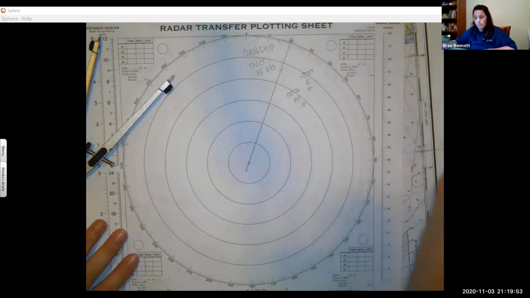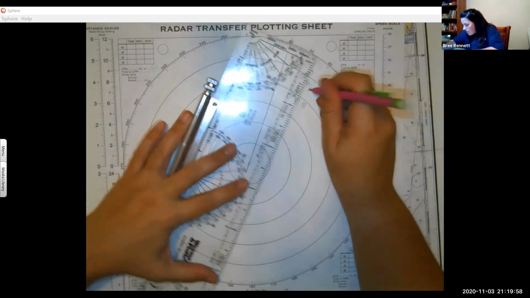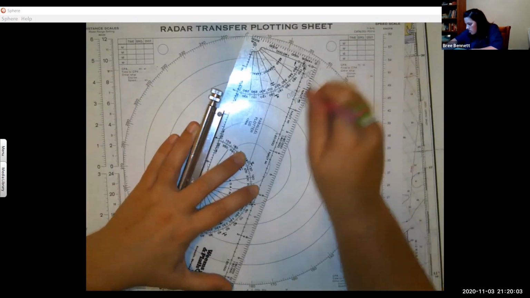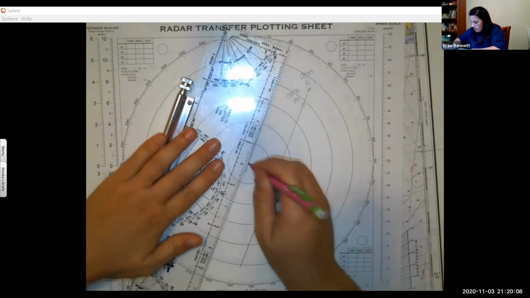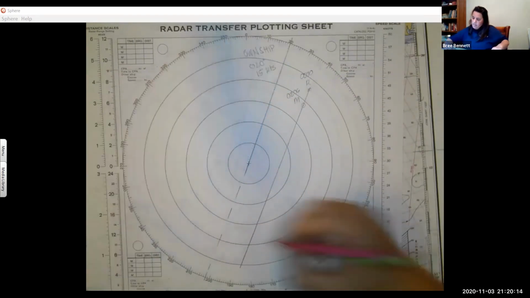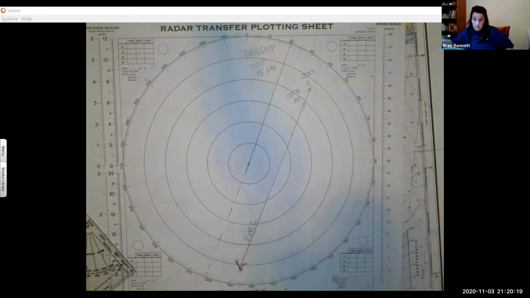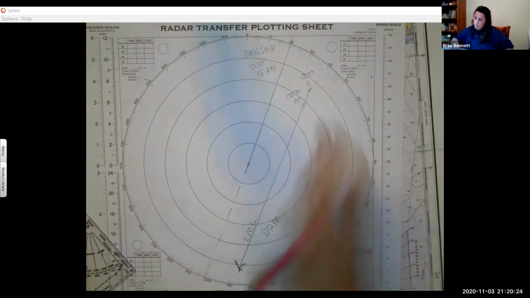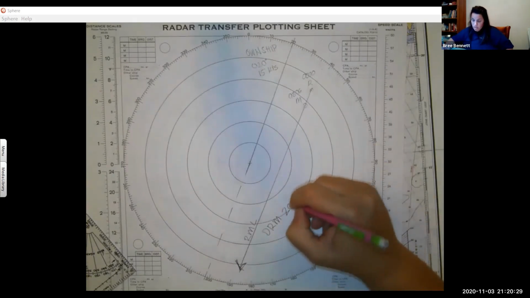Okay, so we're going to plot our R to M. Parallel that over. Okay, so this is our relative motion line. Our direction of relative motion, I paralleled it over so I can get a measurement, was 202.